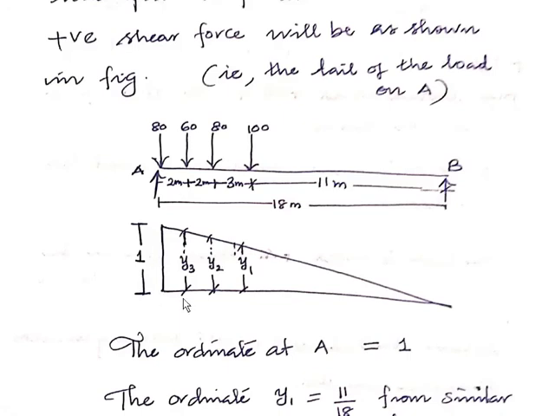So now, using the similar triangle relations, we have to find out the ordinate below each load. Just mark all the distances. This is 11 meter. The total length of the beam is 18 meter. So from the similar triangle relationship, we get Y1 by 1 is equal to 11 by 18.